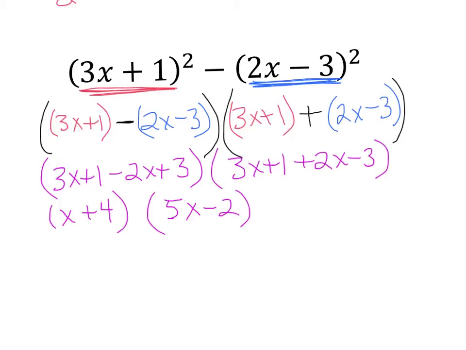When we combine like terms, we end up with a 1x there. You take that 1 and that 3, you get a 4. Here, 3x plus 2x gives you the 5x, and your 1 and your negative 3 give you your minus 2. So this is your final solution to factoring that question.